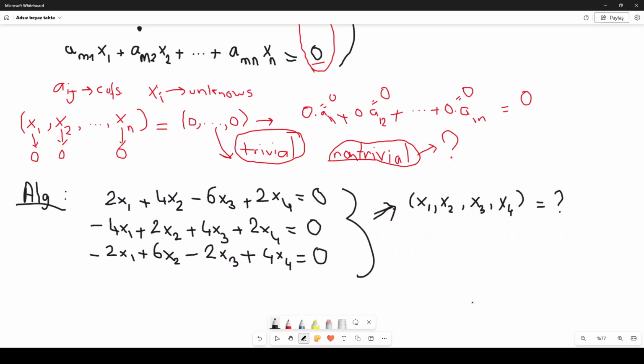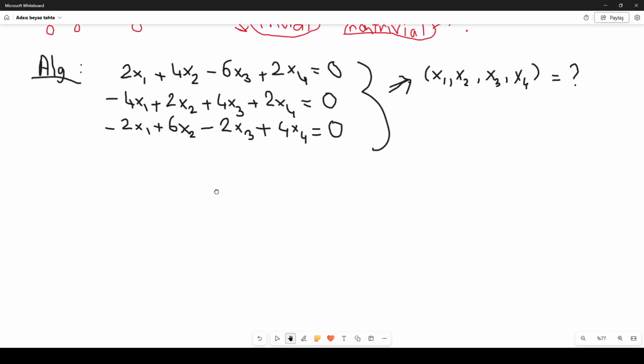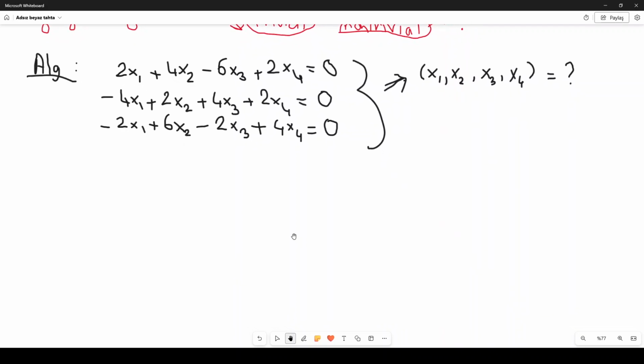Because multiplying by 0 yields a 0 on each side, and summing up all the zeros gives 0 again, and each equation is satisfied because 0 is equal to 0. This is always satisfied, so nothing to do for us at that point. So what we will try to find are the non-trivial solutions, okay?